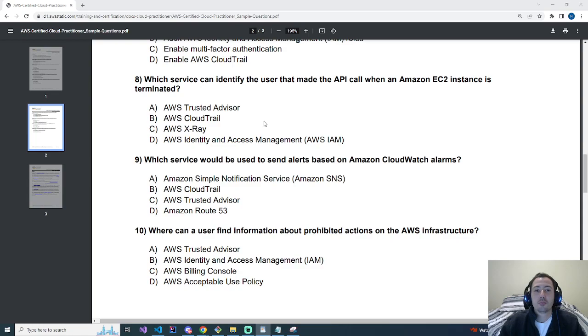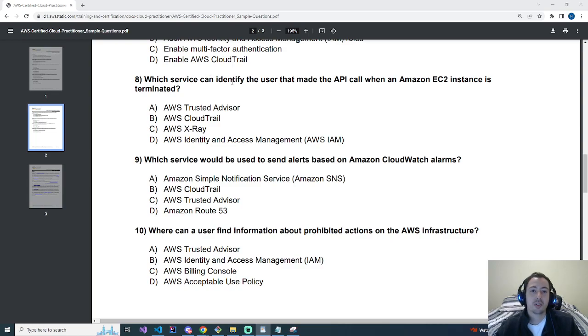Number 8. Which service can identify the user that made the API call when an Amazon EC2 instance is terminated? You've got A, AWS Trusted Advisor, AWS CloudTrail, AWS X-Ray, AWS Identity and Access Management, AWS IAM.